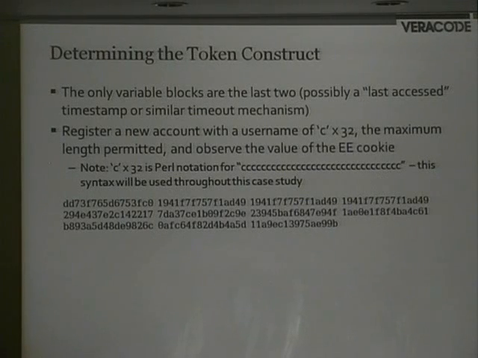So now you know the username is probably stored in there, because you can directly affect it based on the length. We registered a new account in the application with a really long username, 32 bytes, which is the maximum length it would let you select. Now I've got this EE cookie back that's 11 blocks long instead of the 7 blocks we were looking at before. So clearly I have a direct influence on the length of that cookie.